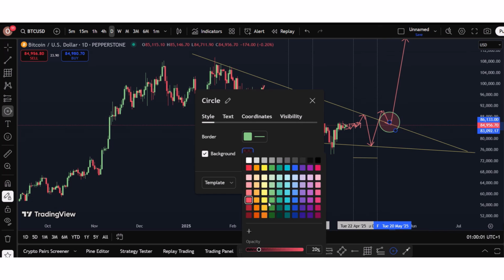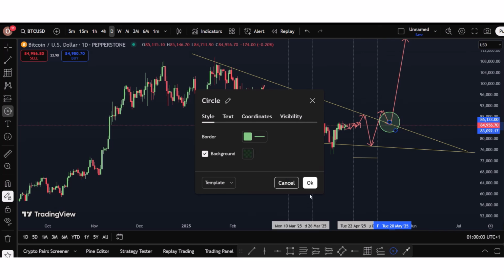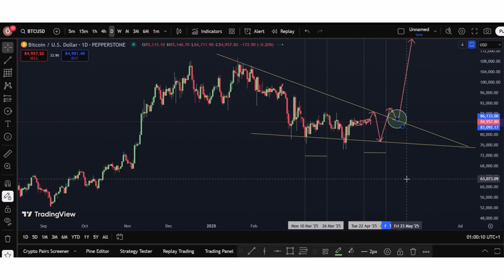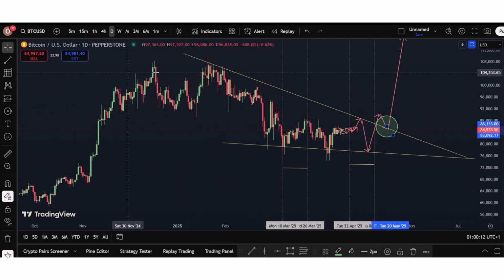Somewhere around May, June, you might have a very strong buy signal. It might take Bitcoin to break this. This is perfect Euro USD. Can you see that? So let's see how it goes.